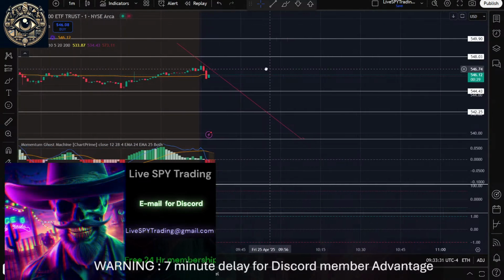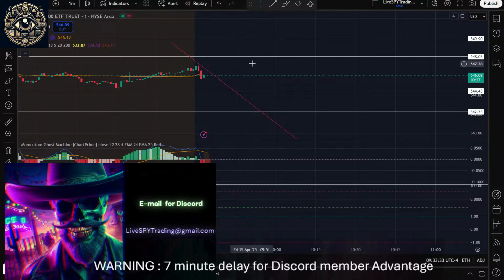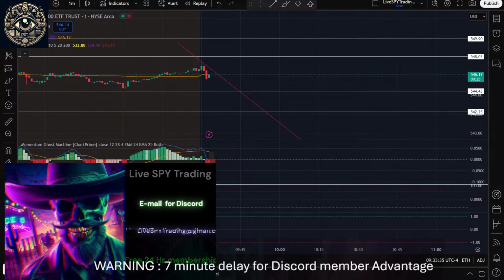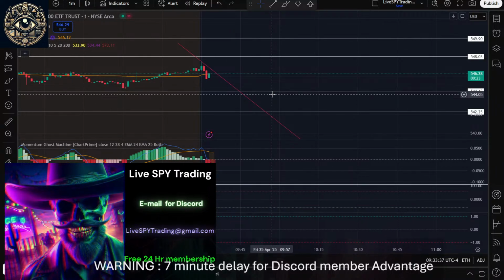All right, so let's see if we reject underneath VWAP right now. Some VWAP rejection.